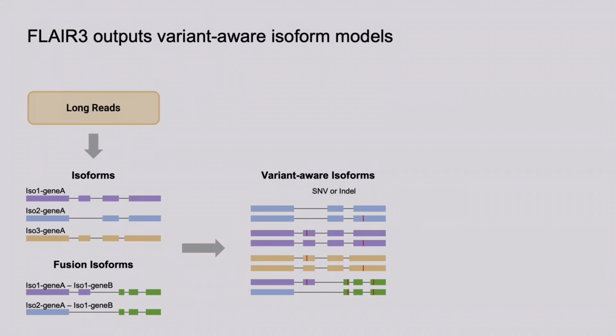But the thing that I'm going to focus on the most in this talk today is the identification of variant-aware isoforms. So once you have this complete transcriptome that includes fusion isoforms as well as isoforms of non-fusion genes, we can then identify variants on those isoforms and match them together and quantify how the variant is being spliced.